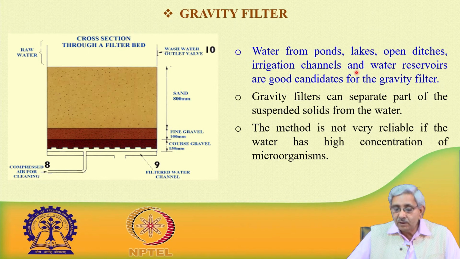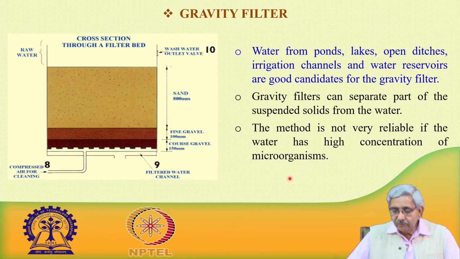So, water from ponds, lakes, open ditches, irrigation channels and water reservoirs is a good candidate to use a gravity filter. A gravity filter can separate parts of the suspended solids from the water.